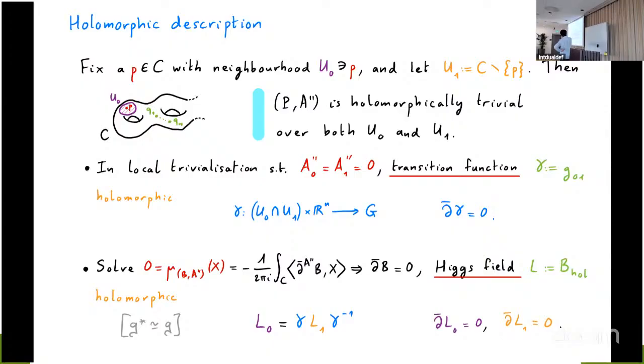So this will be the lax matrix of the Hitchin system. It's a G-valued holomorphic function on the little patch U0 and on the curve minus a point, which on the overlap connect together by a gauge transformation by this holomorphic transition function. So this is the data of a lax matrix in the Hitchin system on an arbitrary curve.